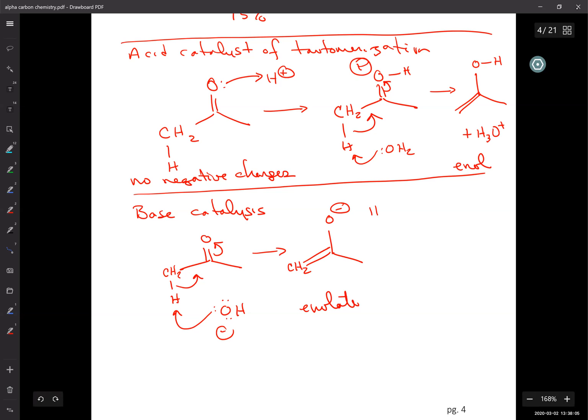And then in an aqueous solution, you do that, and this is your enol. I'll draw it out.